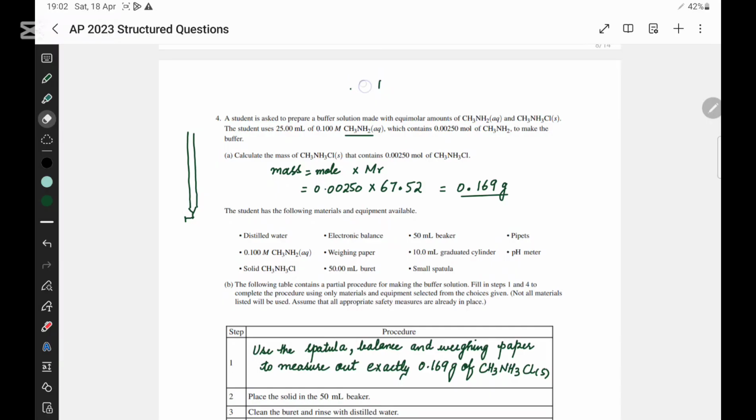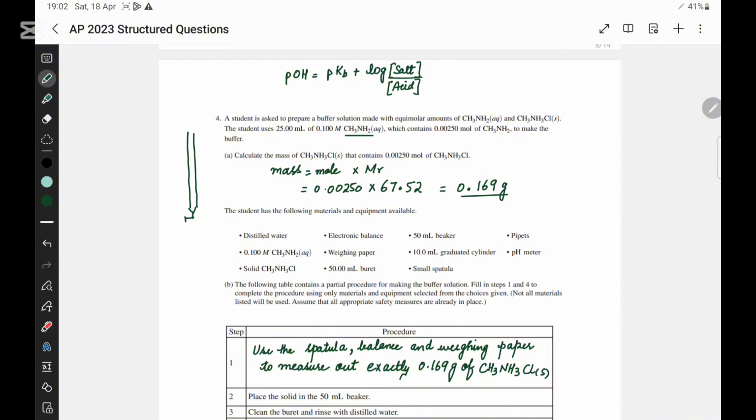If we see the first buffer, then for the first buffer we are going to do pOH, which is equal to pKb plus log of the concentration of salt to that of acid.